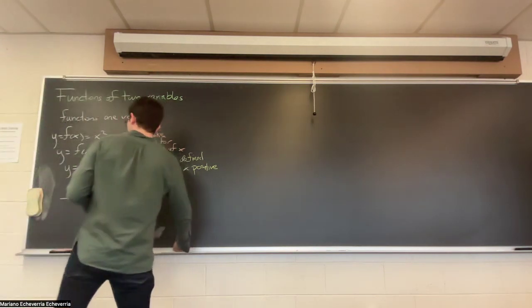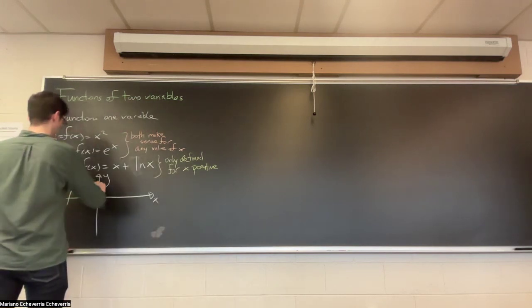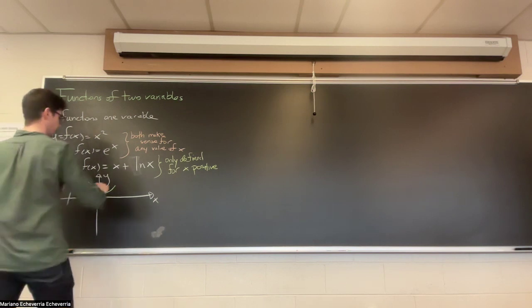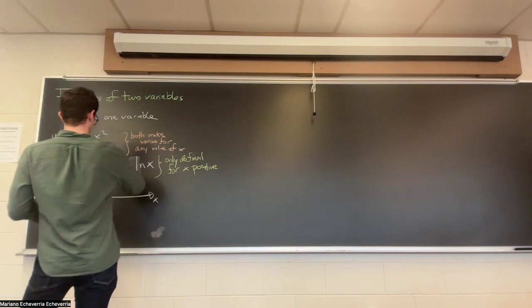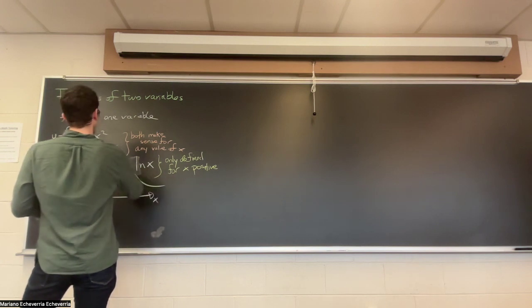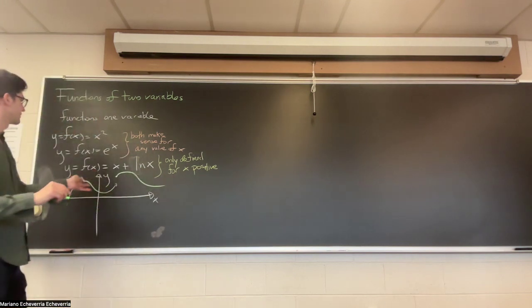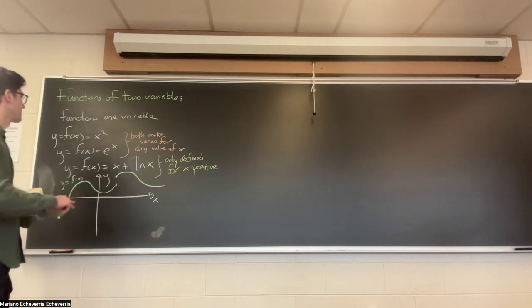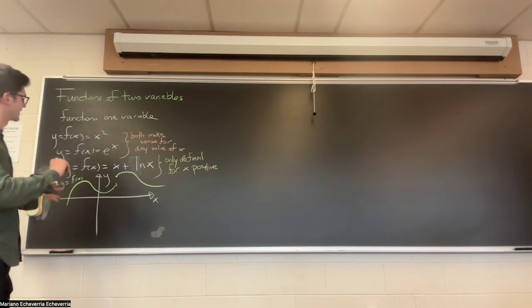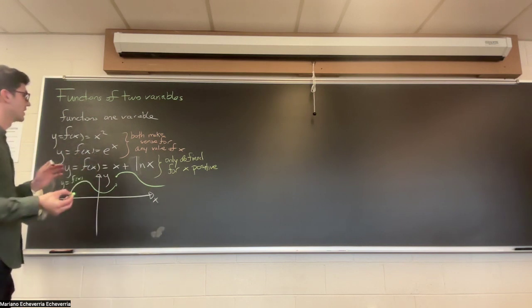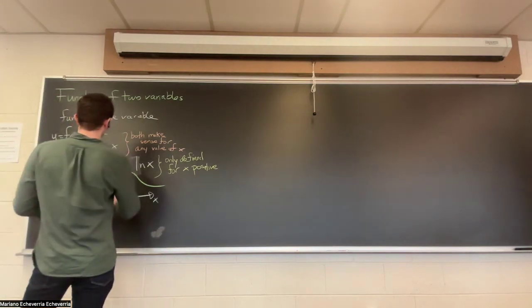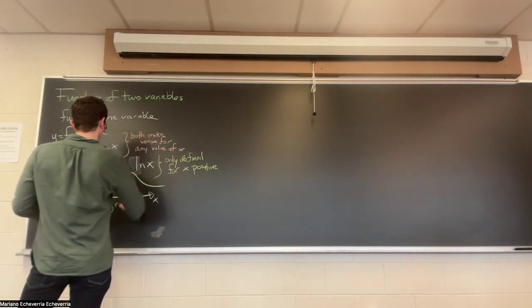Maybe the function is not defined, or it is defined but has a jump, a discontinuity. So maybe the function looks like this, but the important thing is that in terms of the graph, you just get a curve on the XY plane. So the graph is a curve.